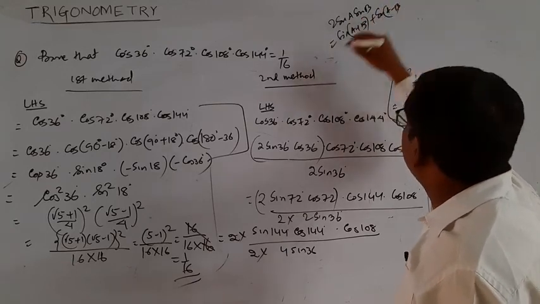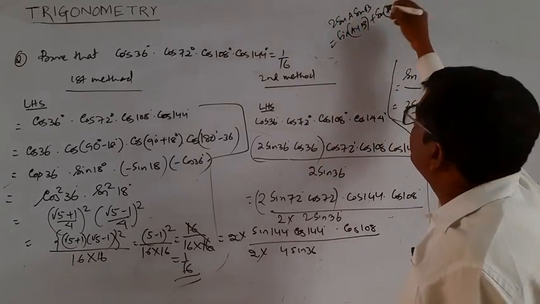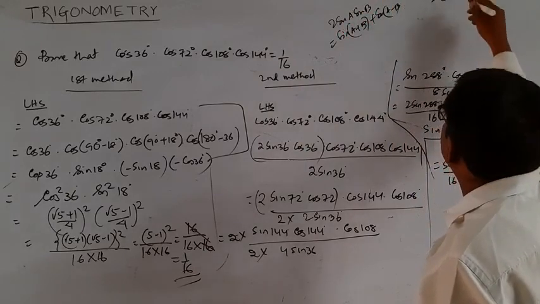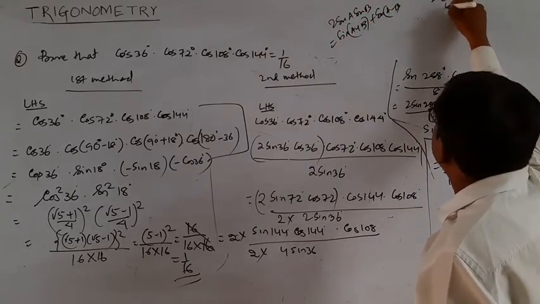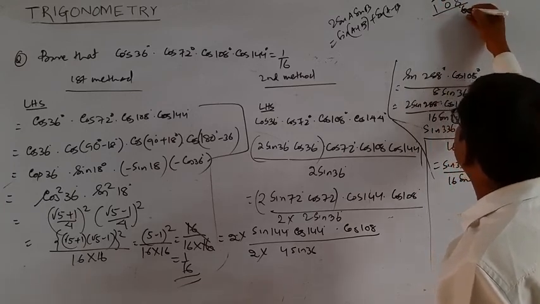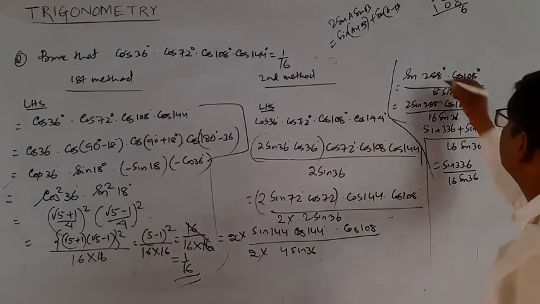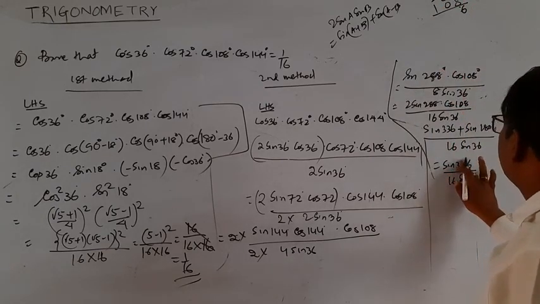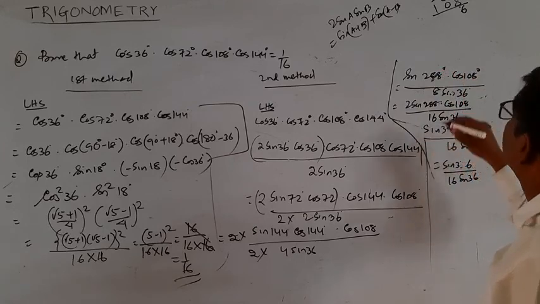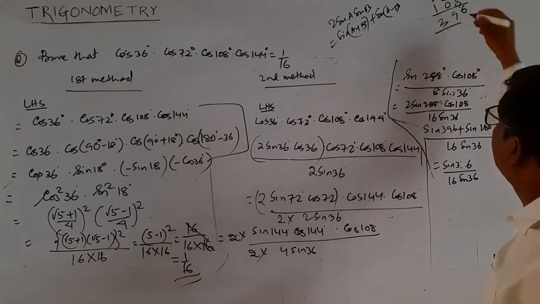Okay, so sin A plus B means 288 plus 108, that is 396.